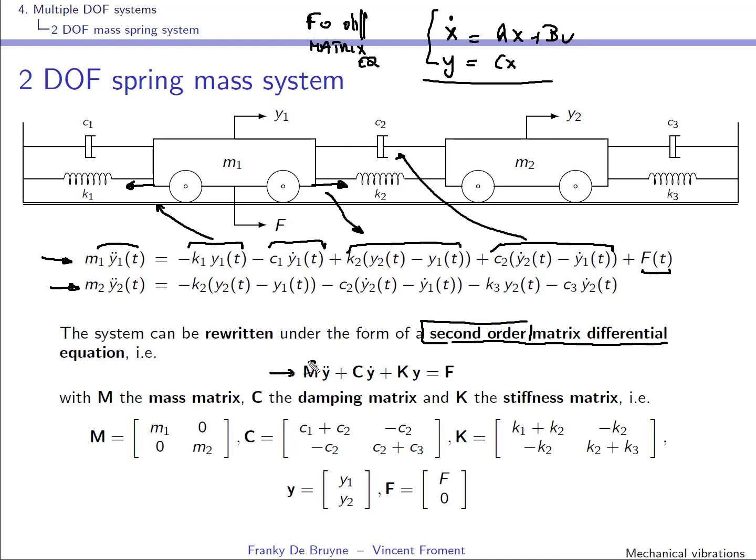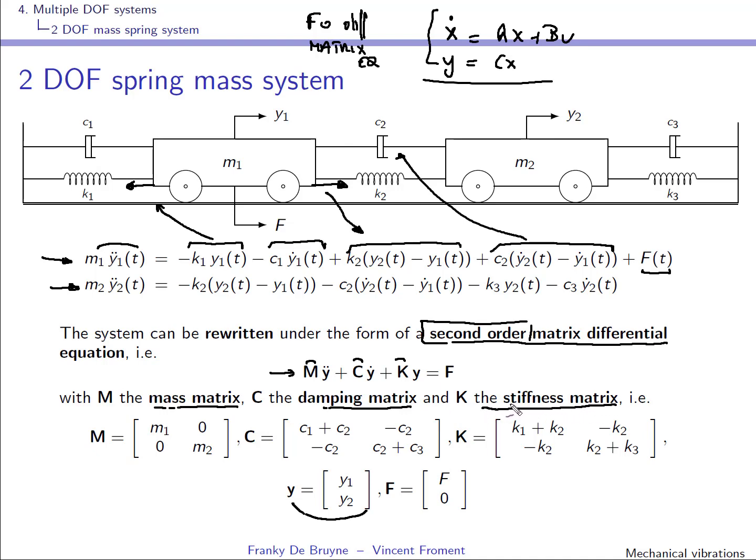You know that these, because they are written in bold and in capital, are actually matrices, and y here is a vector, composed of y1, the position of mass m1, and y2, the position of mass m2. So M is the mass matrix, C is the damping matrix, and K is the stiffness matrix.